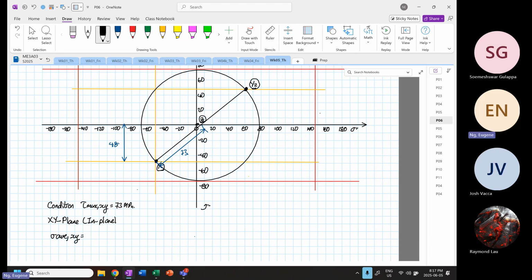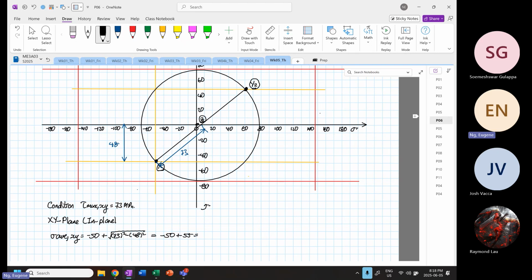Okay, so now this will be equal to minus 50 plus by square root, same thing, 73 squared minus by 48 squared. So this is equal to minus 50 plus by 55. So this will be equal to what? 5 megapascal.